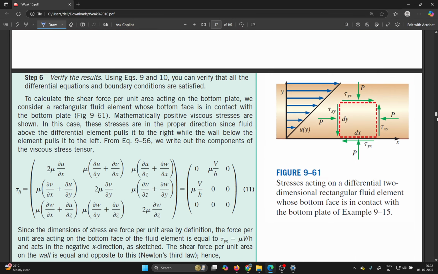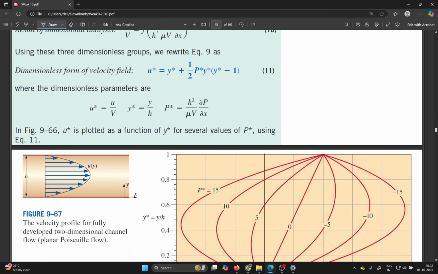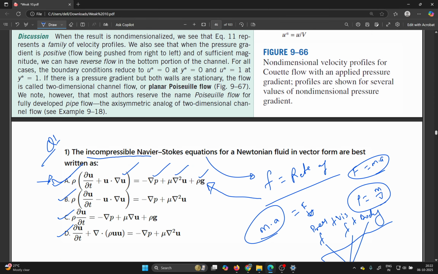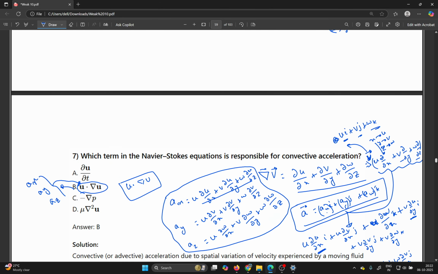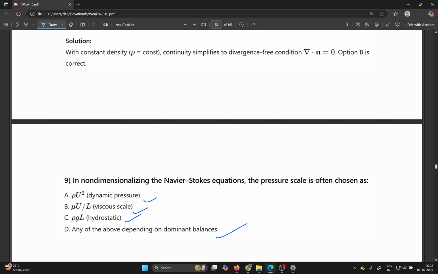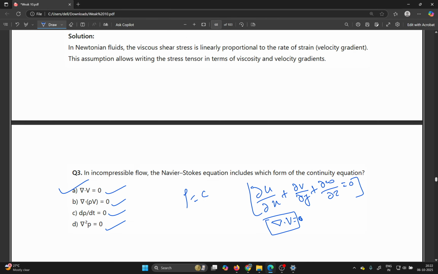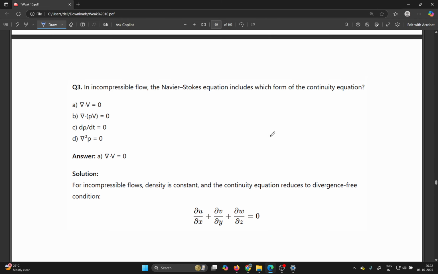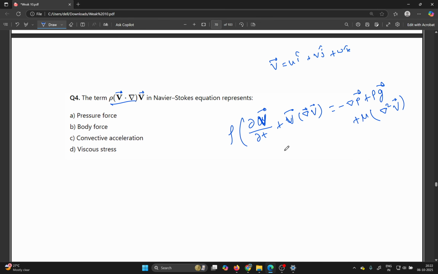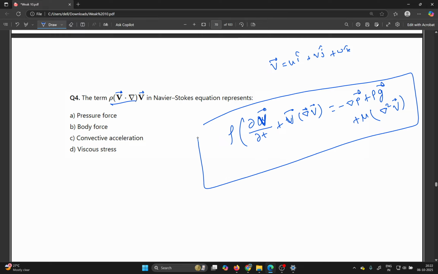So what will be the term? We are at question number... So this term, if you will look very precisely, you will think on that.